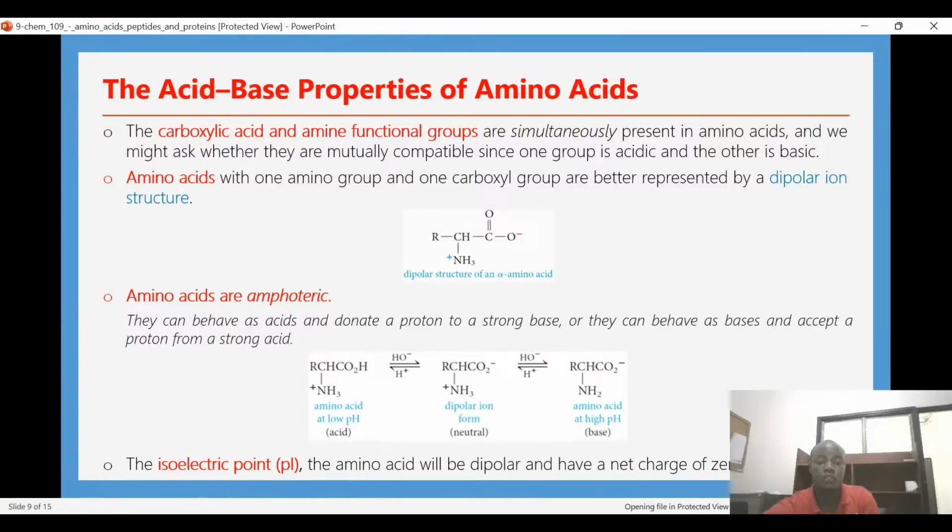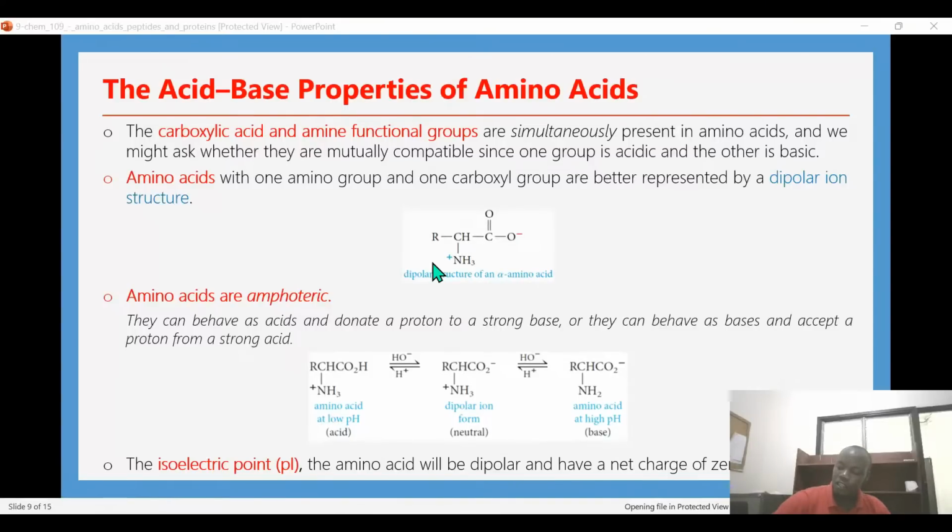So we have what you call the isoelectric point. The isoelectric point, that is pI, is when the amino acid will be dipolar and have a net charge of 0. It means that it is a point where the net charge of the amino acid is 0 and it is dipolar. So what does that mean?